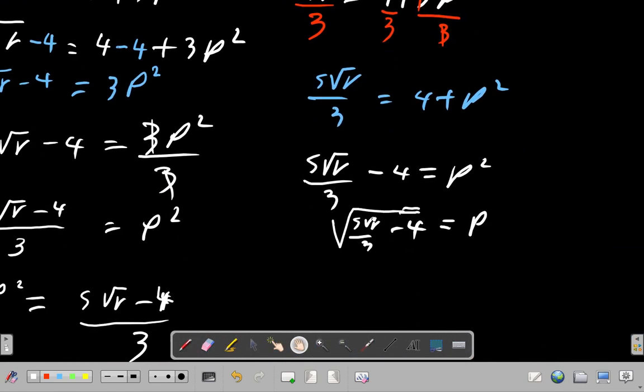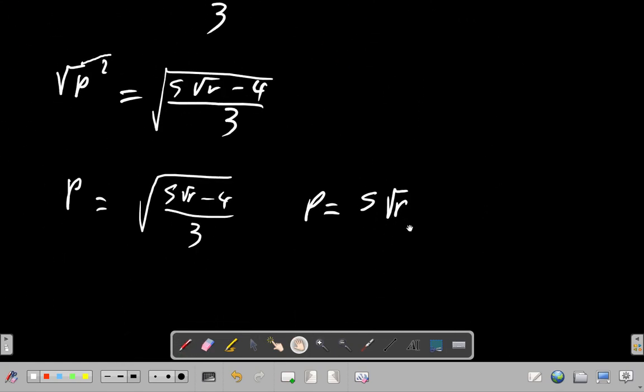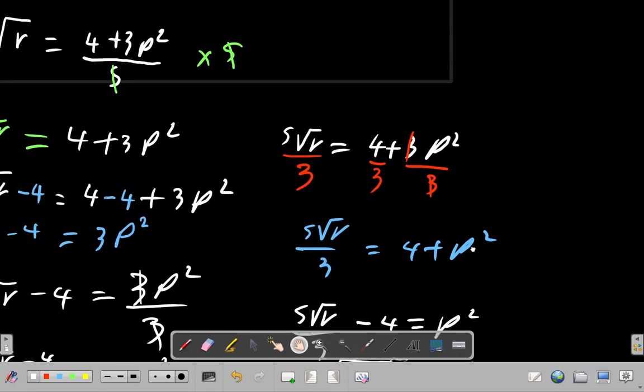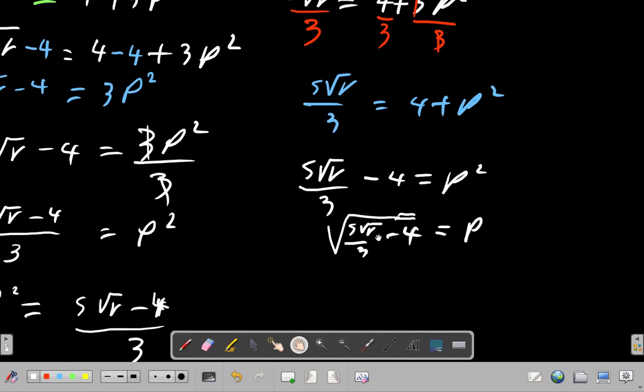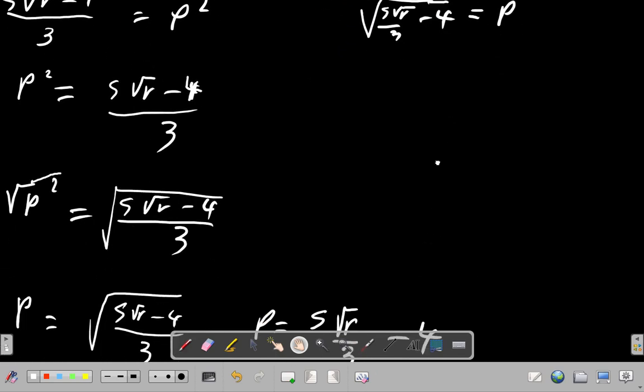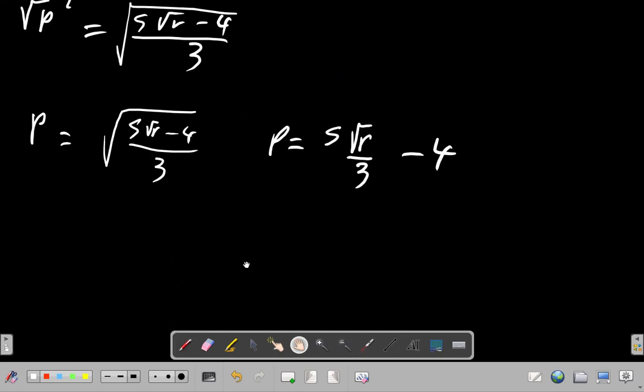It is s square root of r divided by 3 minus 4. So that's what we had: s square root of r divided by 3 minus 4, that's under the square root sign, equal p.